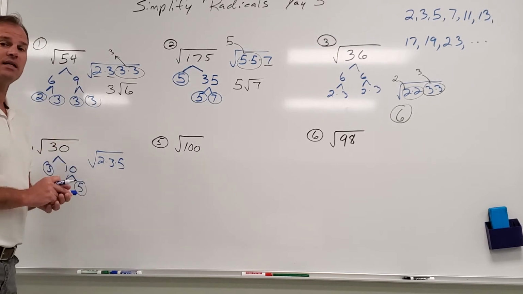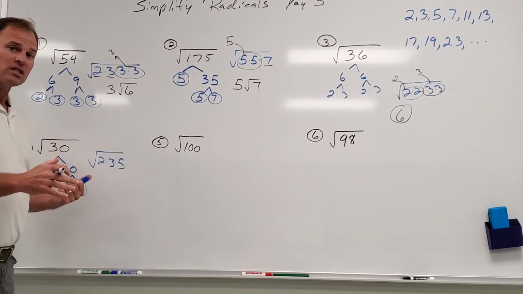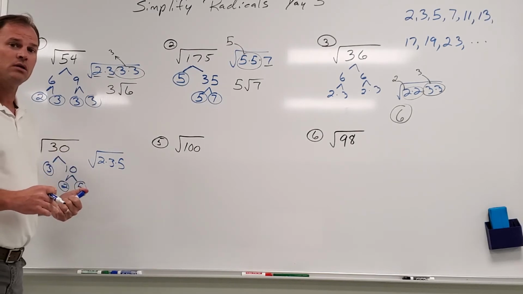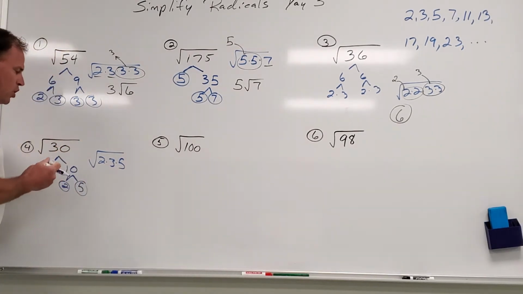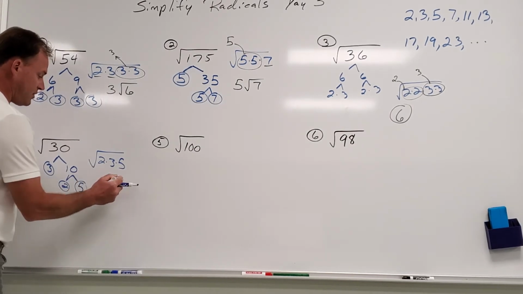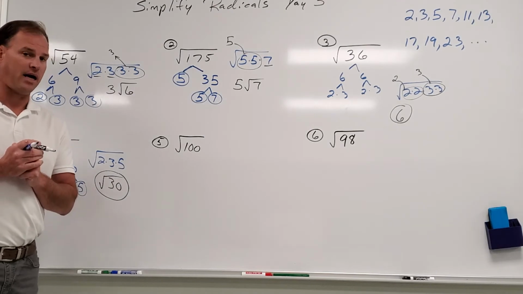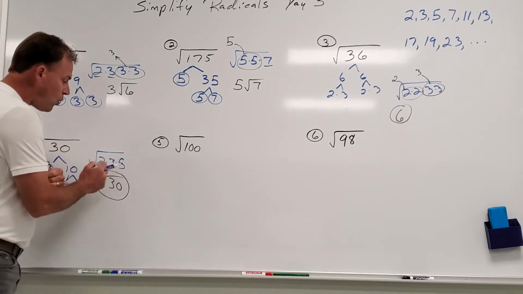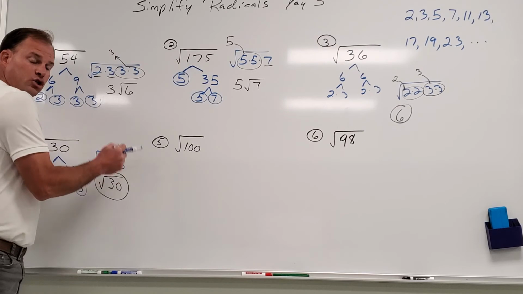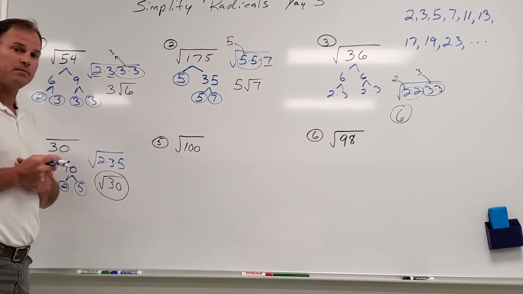They have nothing in common. So nothing is getting out of jail. They're all stuck. They don't have any friends. You do, however, want to multiply them back together. 2 times 3 times 5 is 30. The square root of 30 does not simplify because there are no pairs in here to come together and break out of jail. All three of them are stuck in.